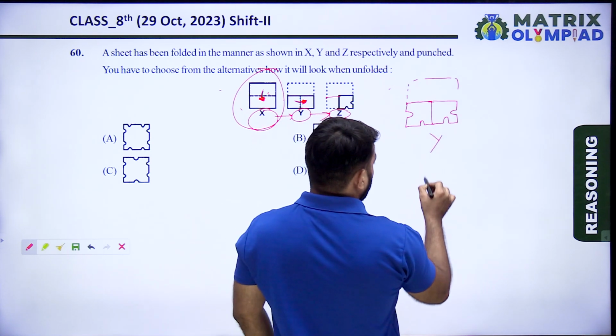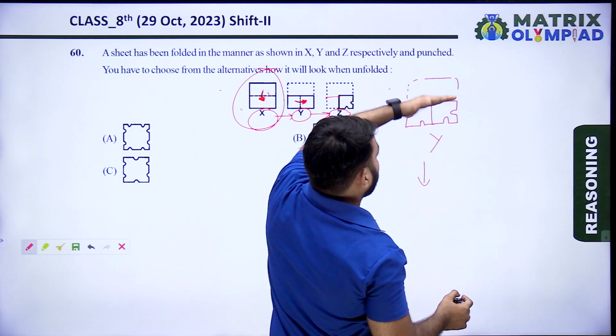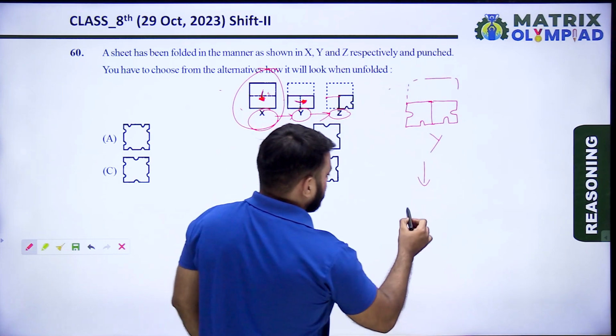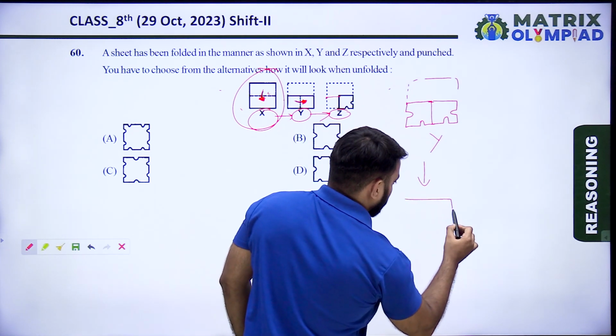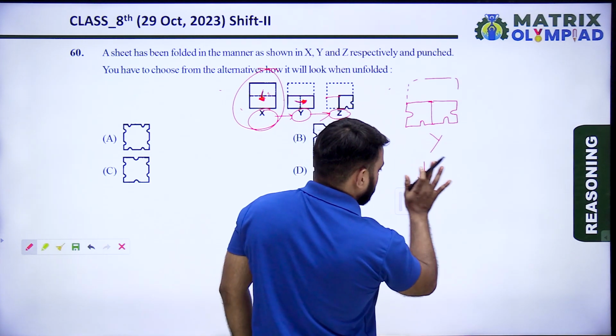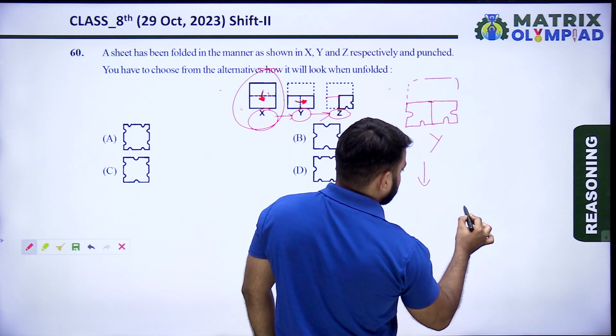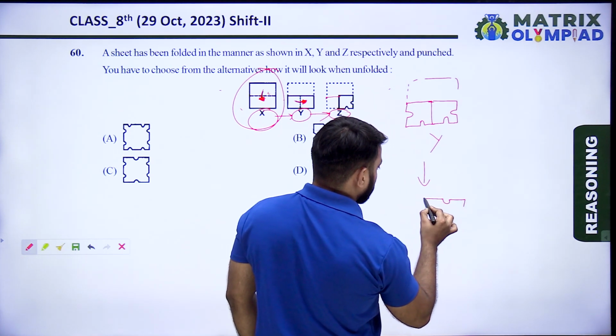So now unfold Y and it looks as follows.